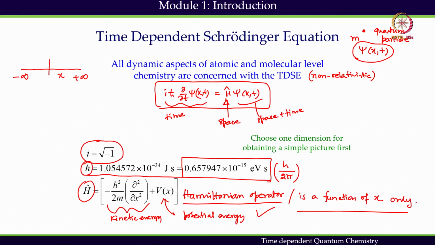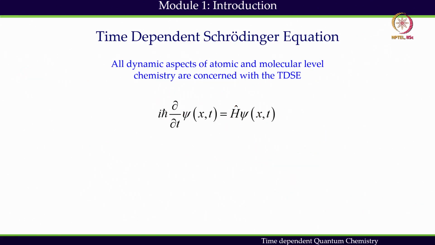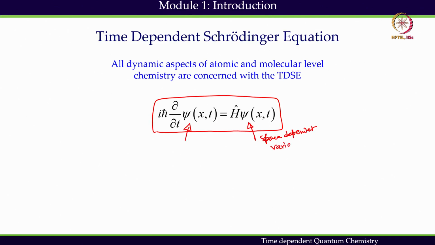So the way we have seen the problem, in mathematics, if we have an equation like this where the left hand side is time dependent variation and the right hand side is space dependent variation, this is called an initial value problem.